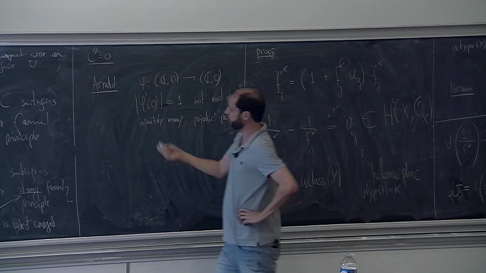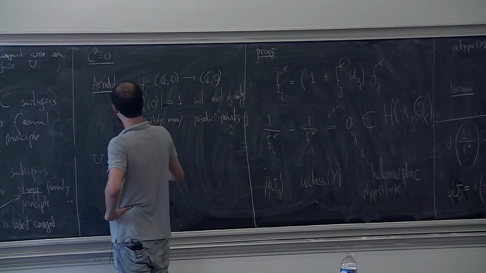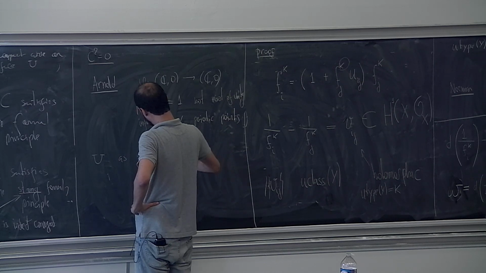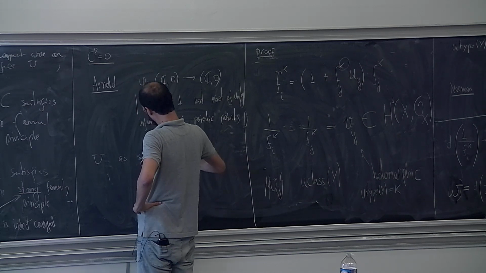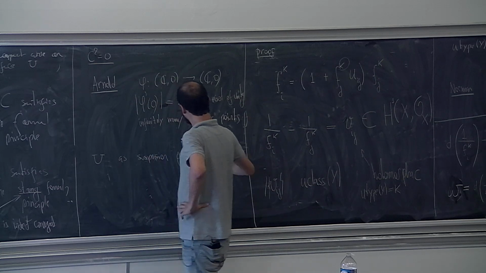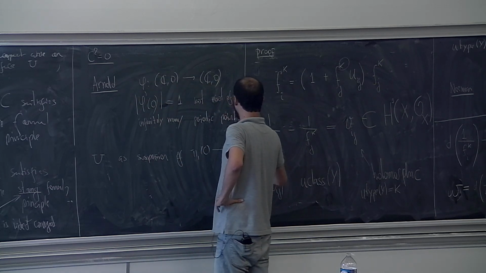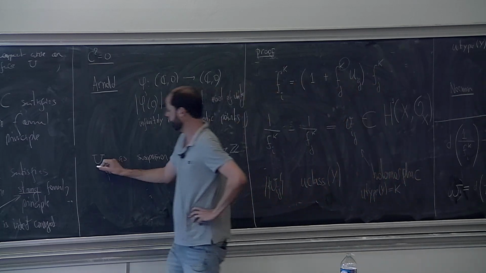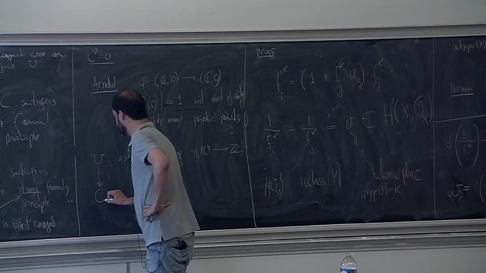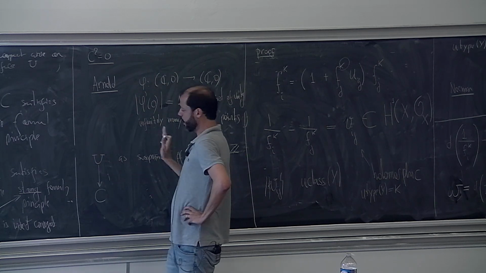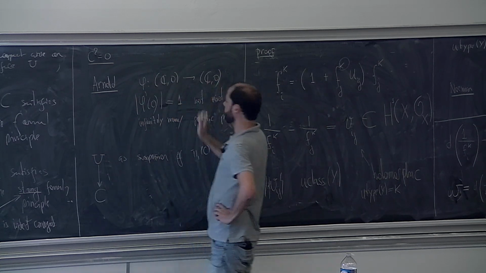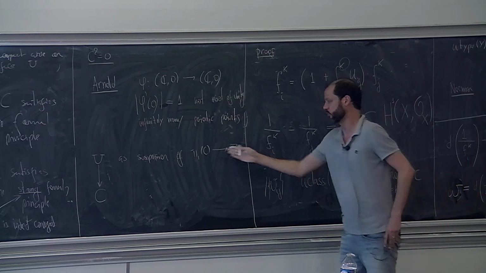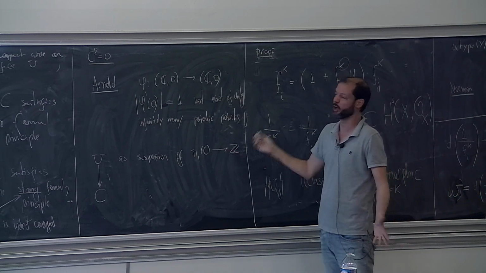And then you construct U as a suspension of the representation of pi 1 of C into Z, where you send 1 to this automorphism. Right? So this is the construction where you have a curve and you produce a foliation transverse to a fibration with this holonomy.